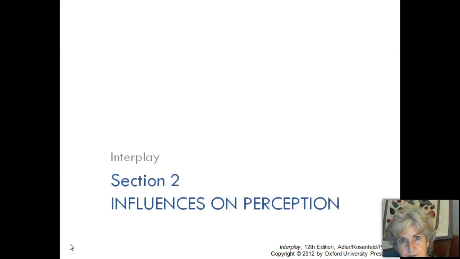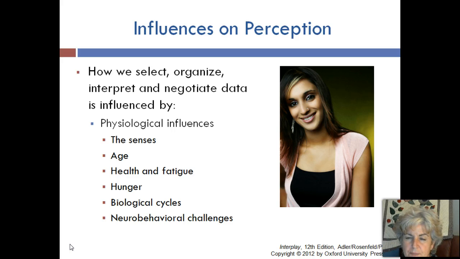Okay, some influences on our perception. Physiologically, your senses, your age, you can read the list. In terms of senses, I remember years ago my roommate had a very acute sense of smell, probably the keenest nose I've ever encountered on a human, and she could tell you when your chicken was starting to burn if you walked to the back of the house.